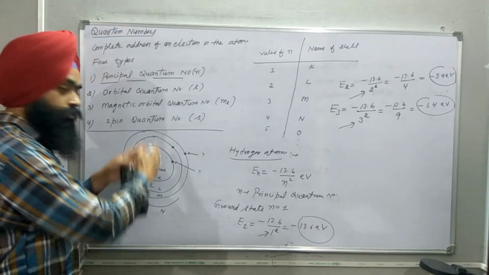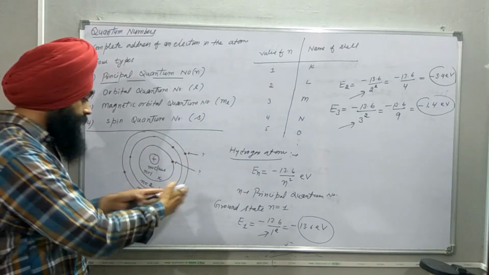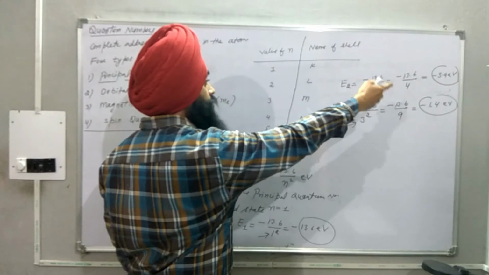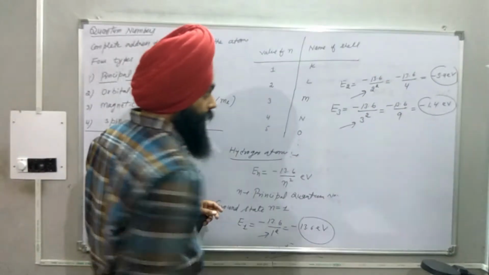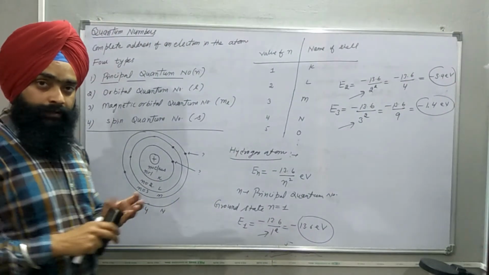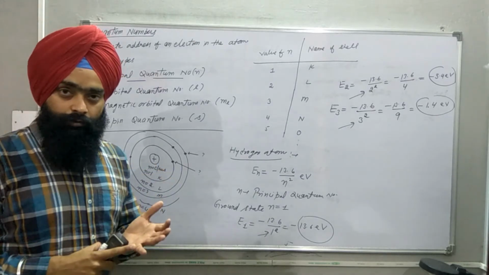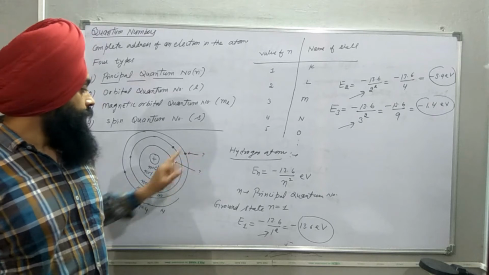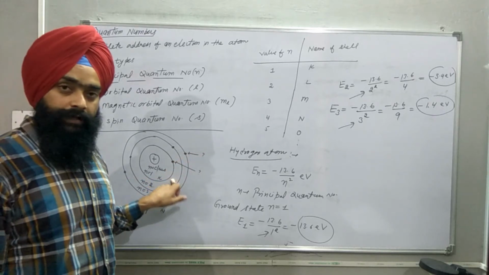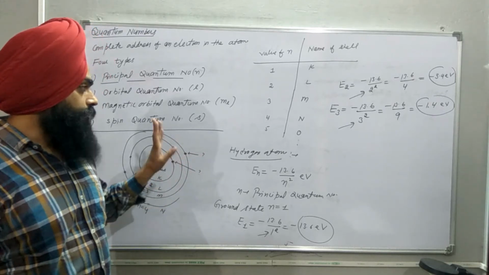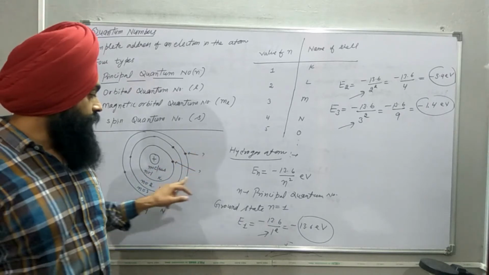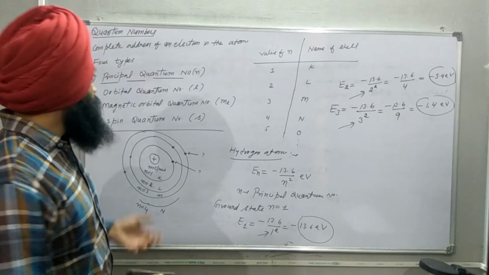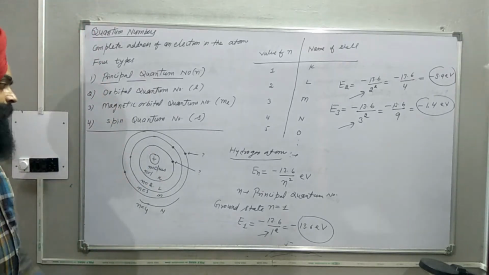If the electron goes to the first excited state, that is n is equal to 2, the energy becomes minus 3.4 electron volt, and so on. So again I repeat, the n, which is called principal quantum number, represents the main energy shell in which the electron is present. If there are more than one electron present in a particular shell, the energy of those electrons is almost same according to this principal quantum number.